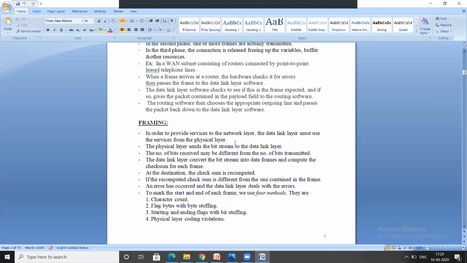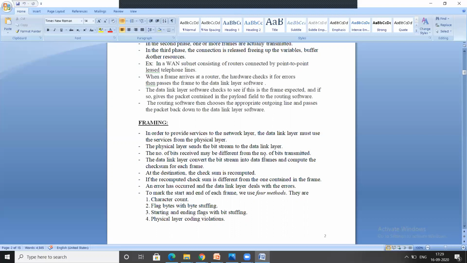See the point here. In order to provide services to the network layer, the data link layer must use the services from the physical layer.